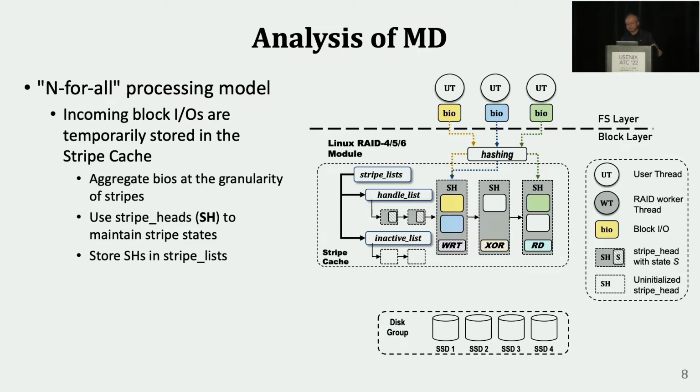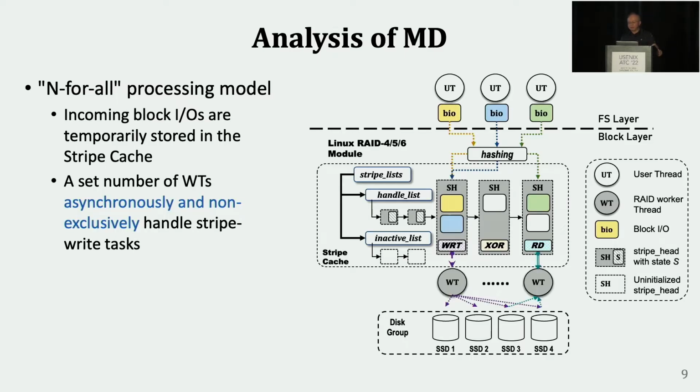MD deploys a centralized stripe cache that temporarily stores the incoming block IOs, and these BIOs are aggregated at the granularity of stripes. Each stripe has its own stripe head containing metadata such as the stripe states and device states. And actually, for each stripe, there are over 50 states, so it's quite complicated.